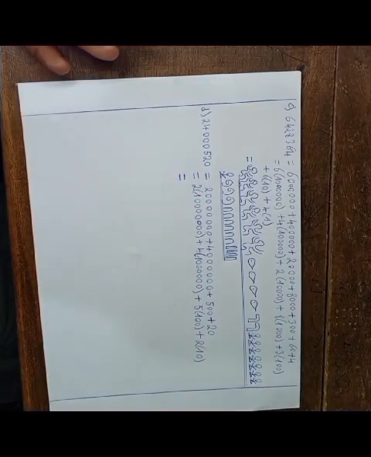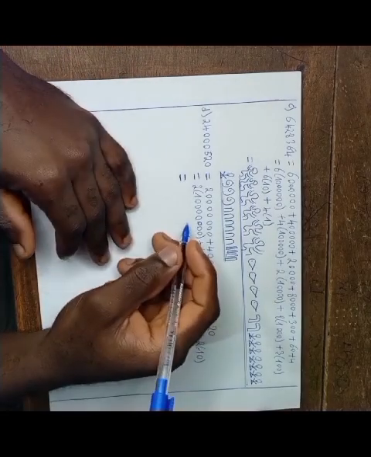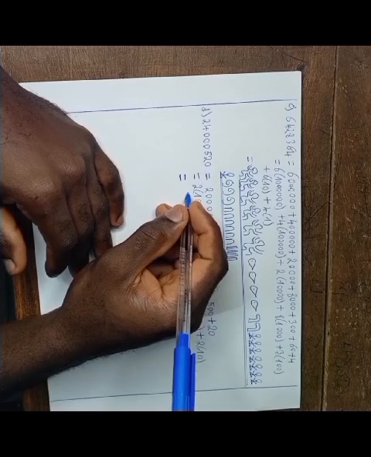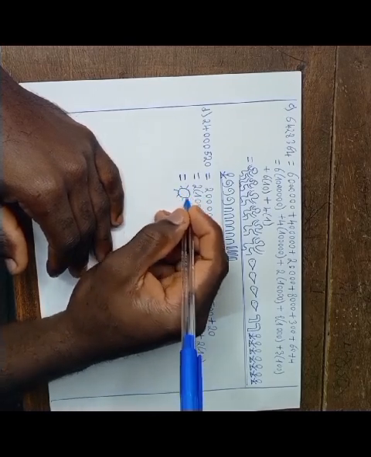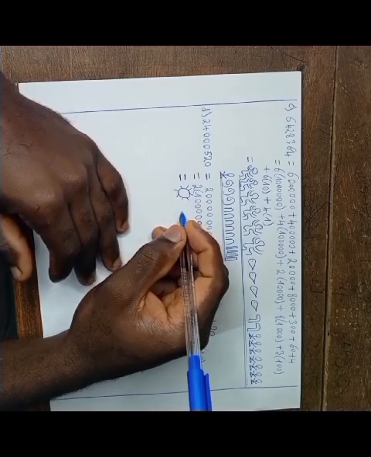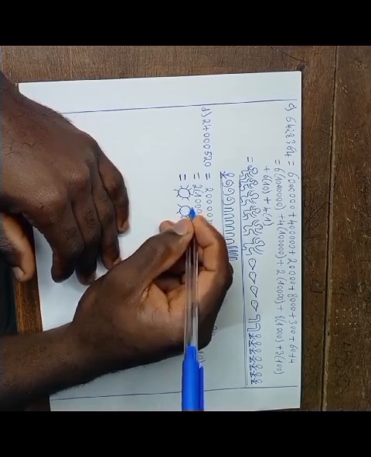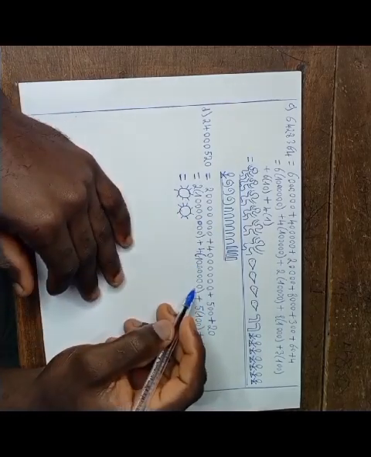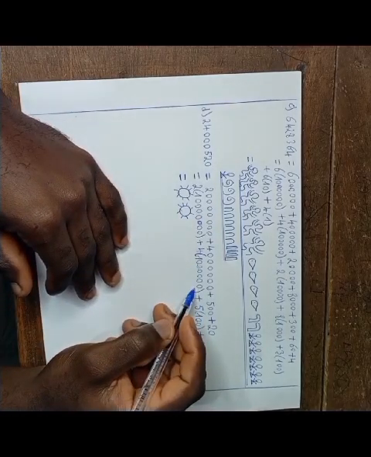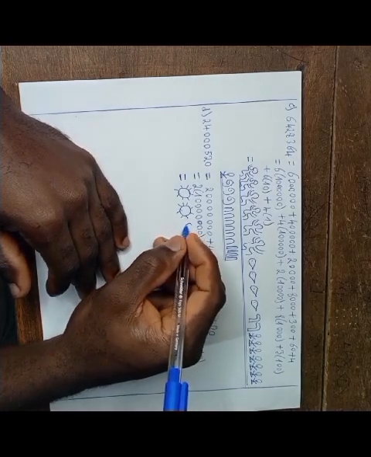So we are going to write down 2 symbols of 10 million. Remember, the Egyptians represented 10 million by using the sun. We are going to write down 2 suns. 1, 2. Next, we are going to write down 4 symbols of 1 million. So 4 astonished men.